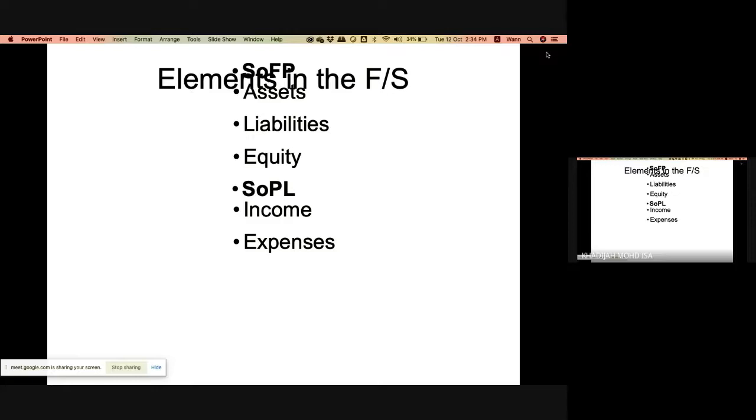Hold on. What is in the financial statement here, in financial position? Can you see that clearly? It's not clear, right? So the elements in the financial statement, when talking about the statement of financial position, the SOFP, you should have your asset, liability, and equity.